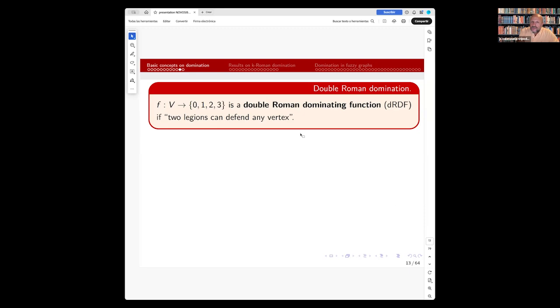That really is the same as thinking that you can send one unit from a stronger vertex to defend an undefended place. In the case of double Roman dominating function, the idea is that any undefended place could be defended not by one unit, but by 2 units. So from the active neighbors of this vertex, you can send 2 units in some way to defend the undefended place.